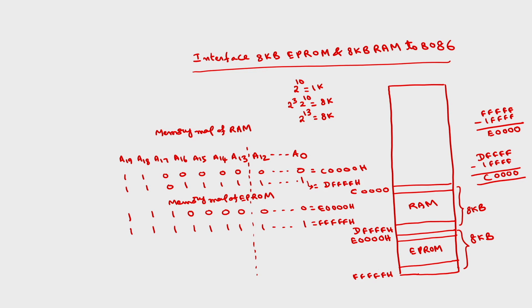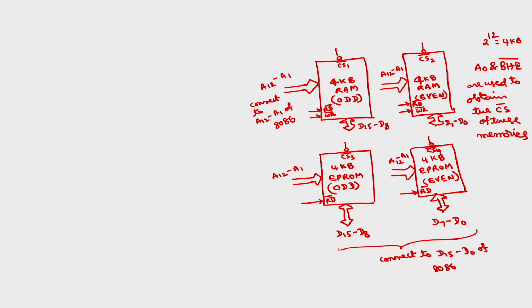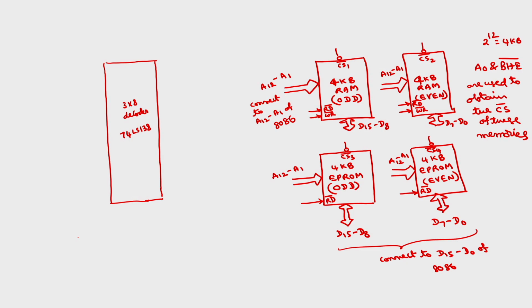Okay. So, because we have 4 banks, and we have A0 as well as BHE bar, to select these chip selects, we can take a 3 to 8 decoder. So, I am going to take a 3 to 8 decoder here. 74LS138 is the 3 to 8 decoder IC.